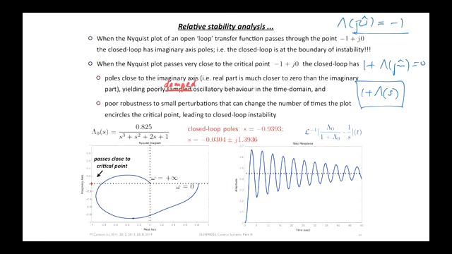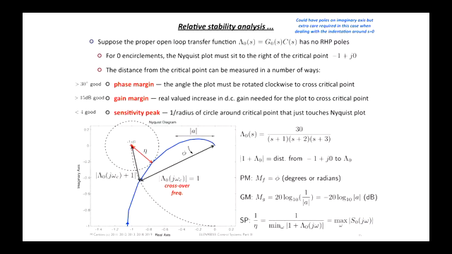So how do we measure how close we are to the critical point? Well, there are several ways to measure how close you are to the critical point. One is in terms of the so-called phase margin.